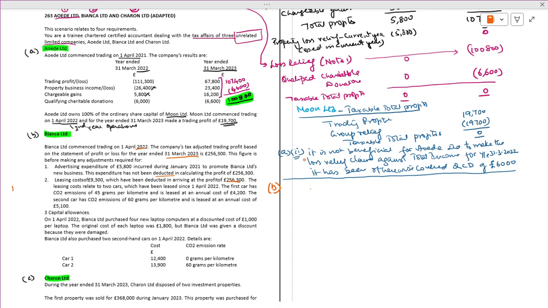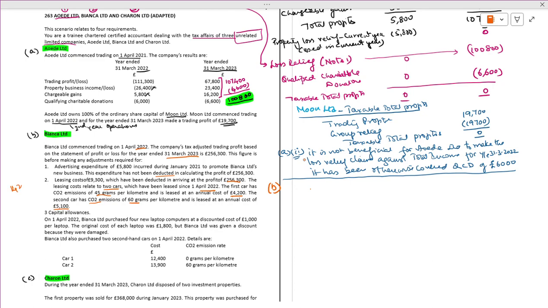The leasing cost relates to 2 cars which have been leased since April 2022. The first car has carbon emissions of 45 grams and the leased annual cost is 4,200. The second car has carbon emissions of 60 grams. It has been leased at an annual cost of 5,100.